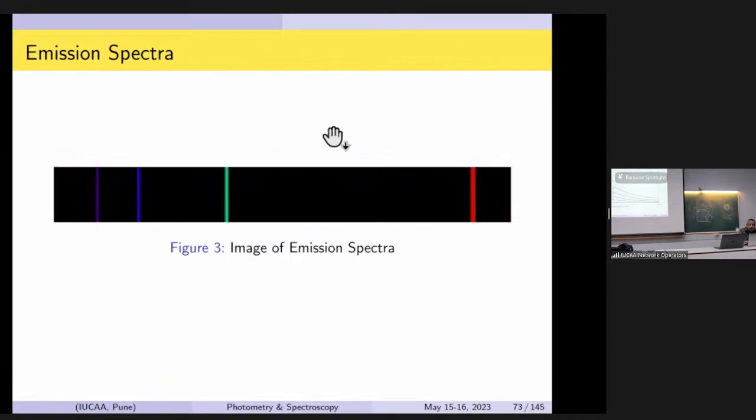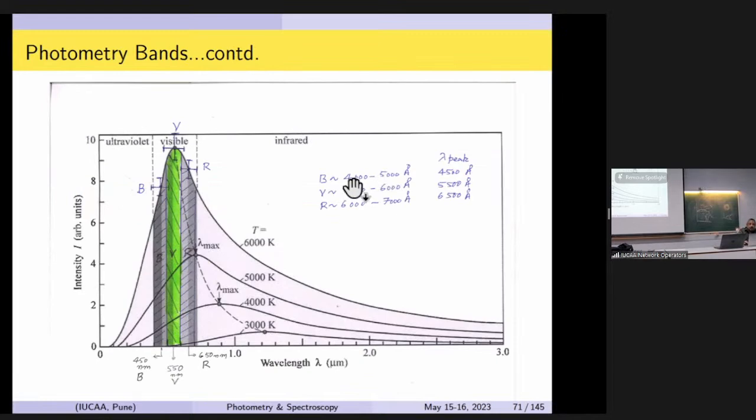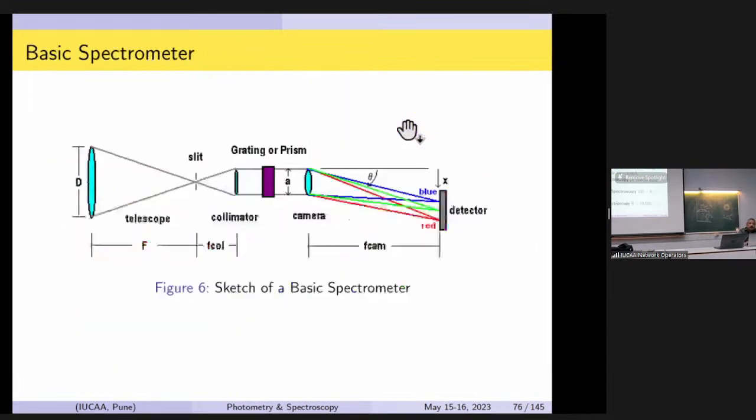Here I said R, the central wavelength is this or this, and this is 1000 angstrom. So lambda by delta lambda.